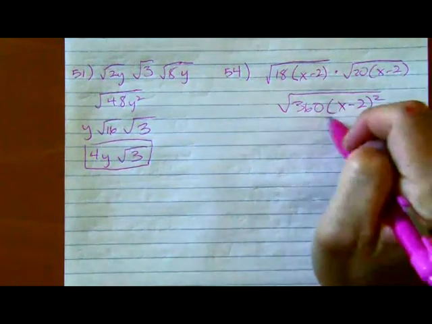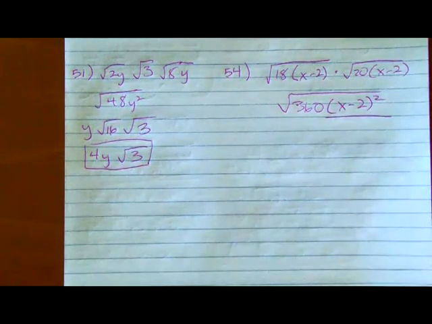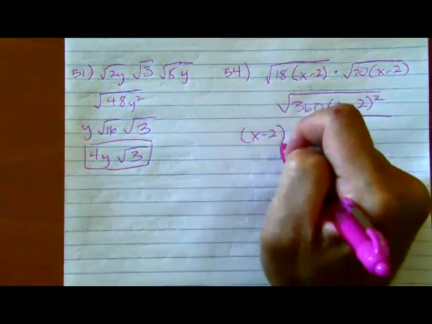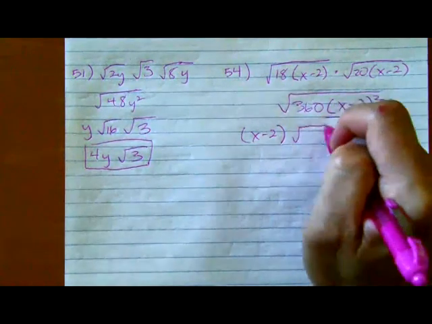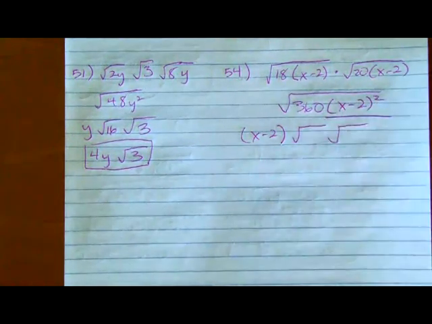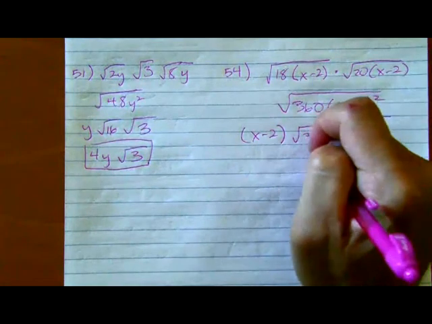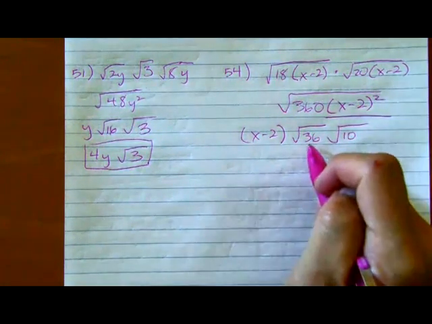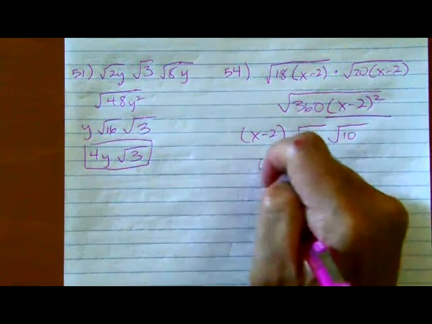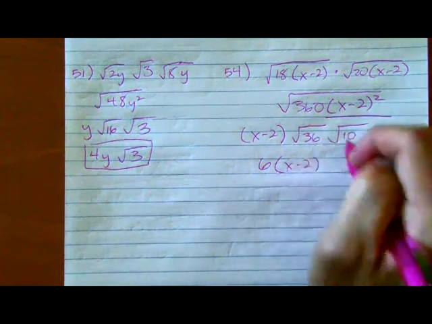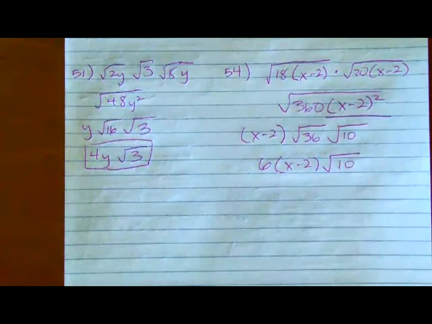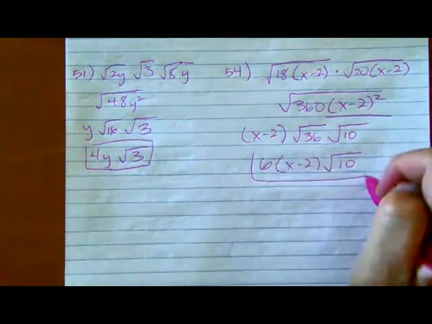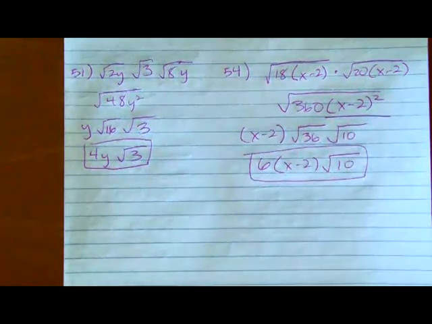I can square root the x minus 2 squared. That would be just x minus 2. The 360 I can split into 36 and 10. Square root of 36 is 6. I can't go any more with the 10. That's the answer, 54.